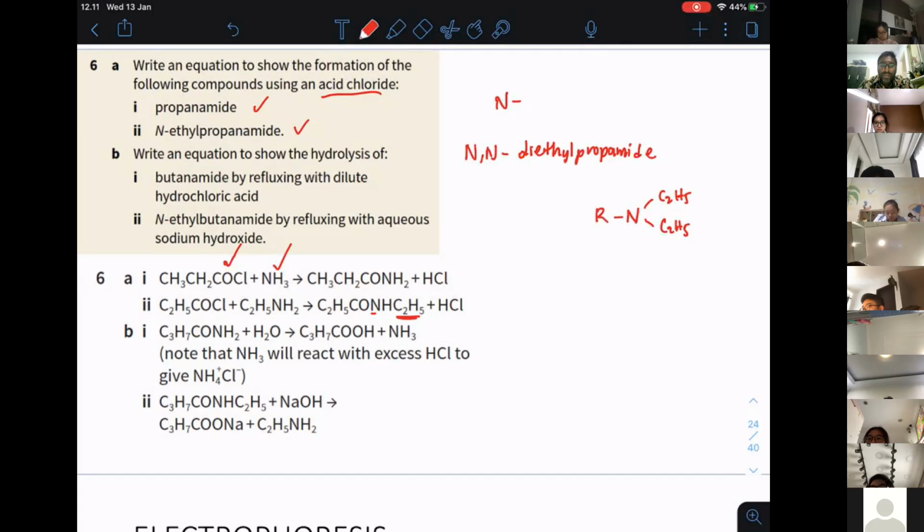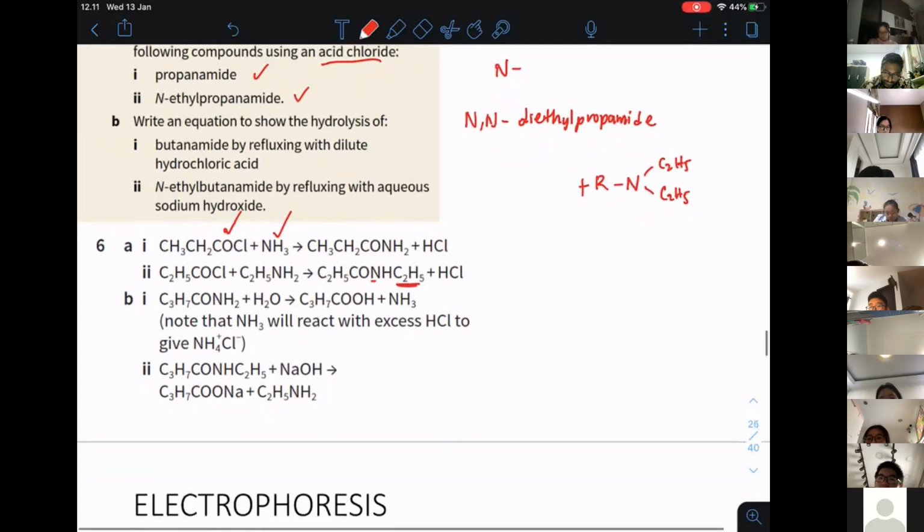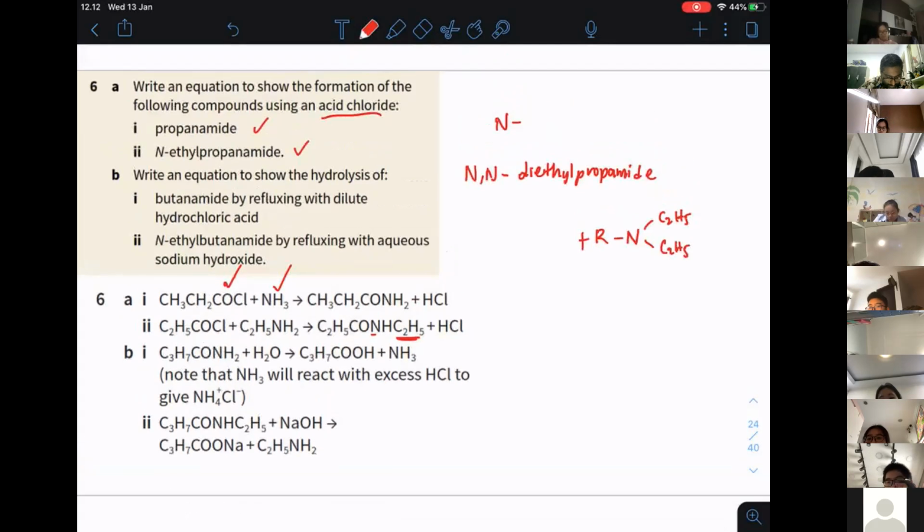So this one is going to react plus 2CH2.